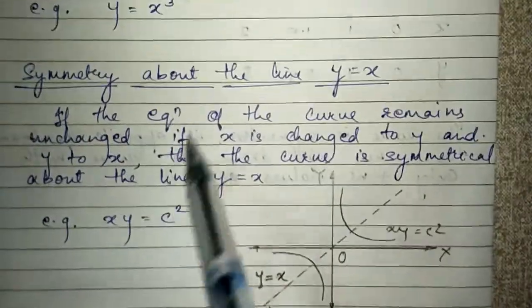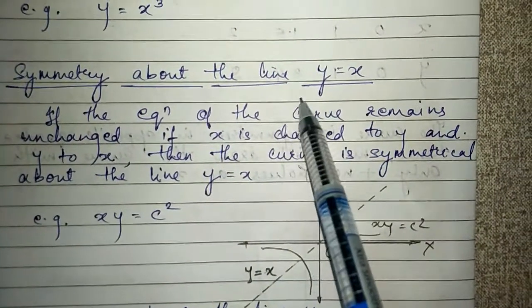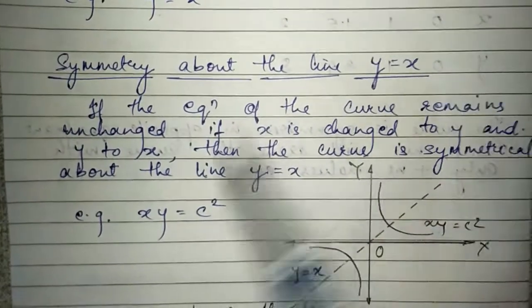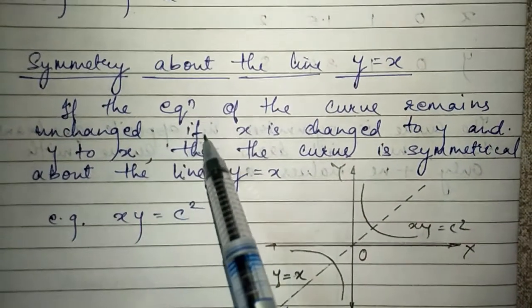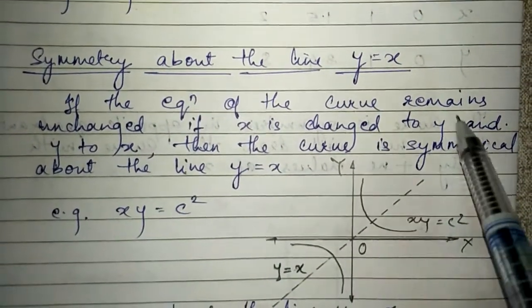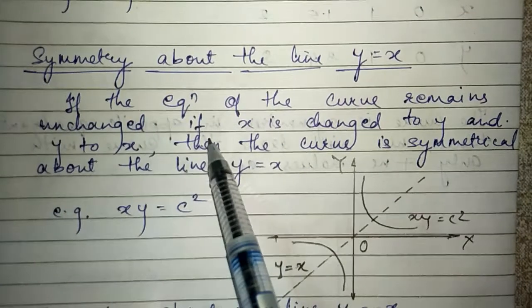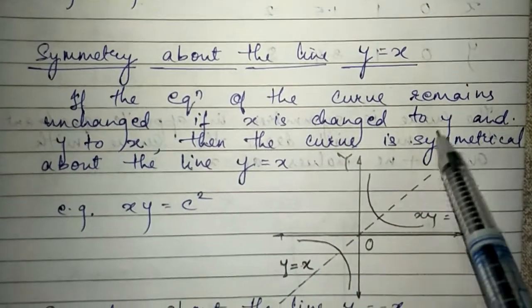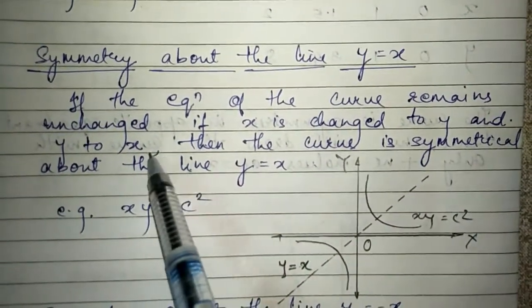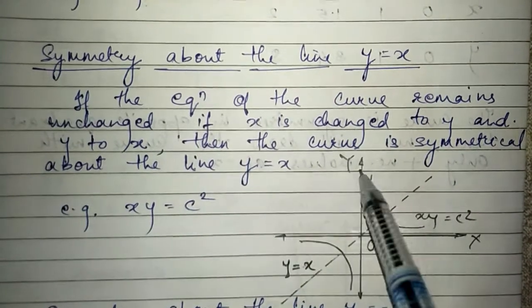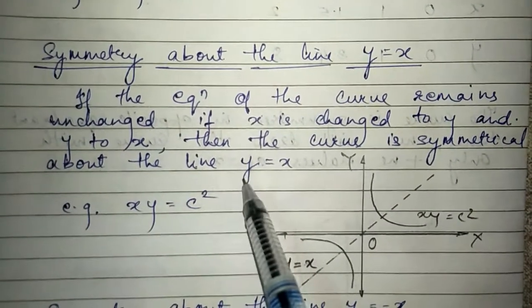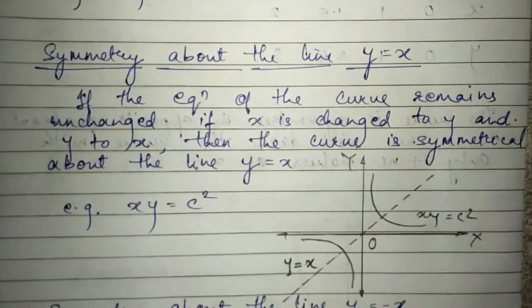The next one, symmetry about the line y is equal to x. If the equation of the curve remains unchanged when x is changed to y and y is changed to x, then the curve is symmetrical about the line y is equal to x.